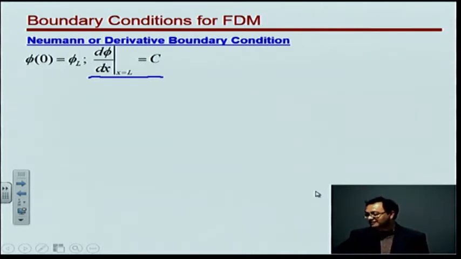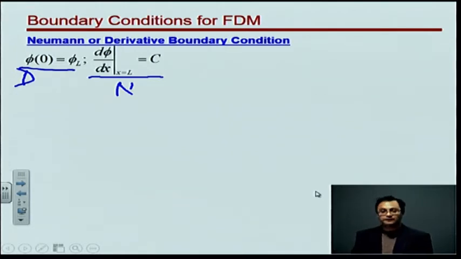So don't think of this combination as Neumann or whatever. This is still Dirichlet. This one here is Neumann. So the left end I've kept as is. Only the right end I've changed to a Neumann boundary condition. What that means is, instead of prescribing a value of phi, the derivative of phi at the boundary is given.